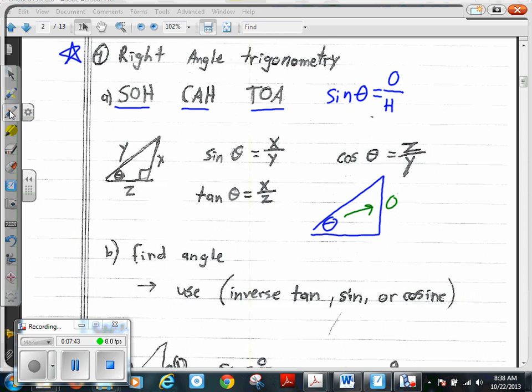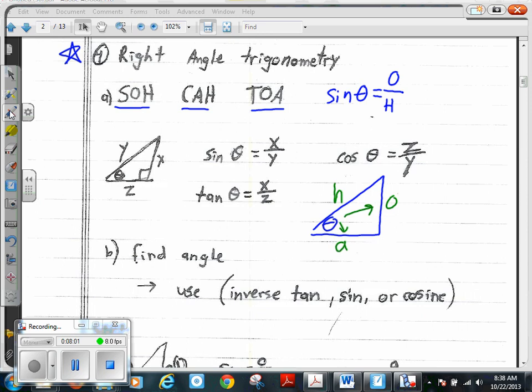The side right next to theta is adjacent, because that's what that word means. And the hypotenuse is always the long side. Okay? So you're going to have to memorize these names so we can do this right angle trigonometry.